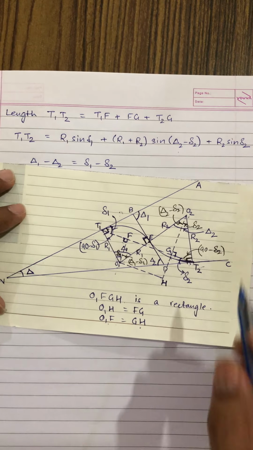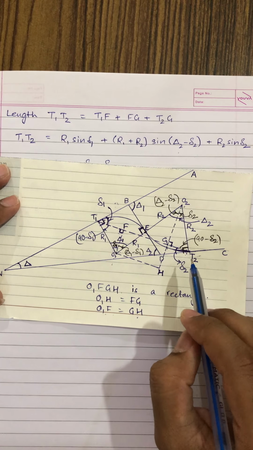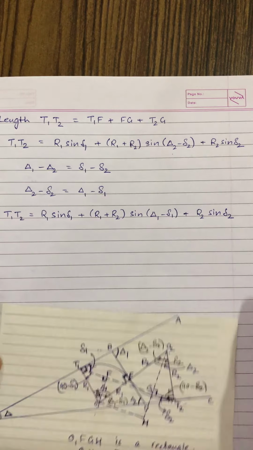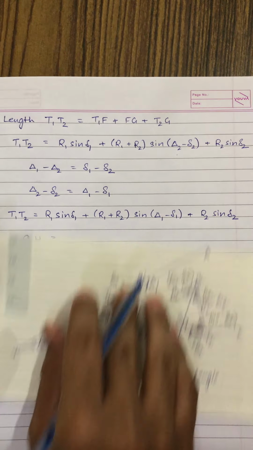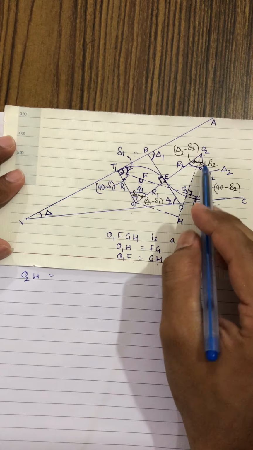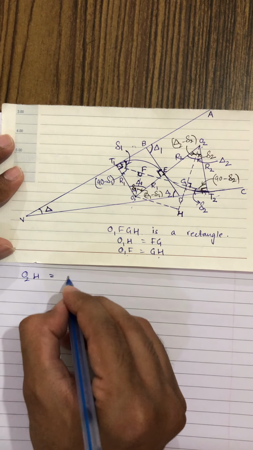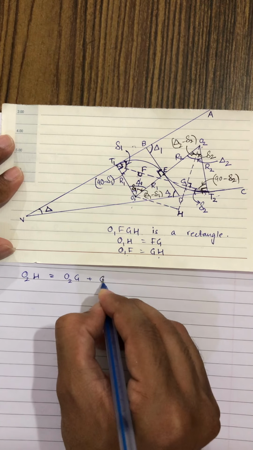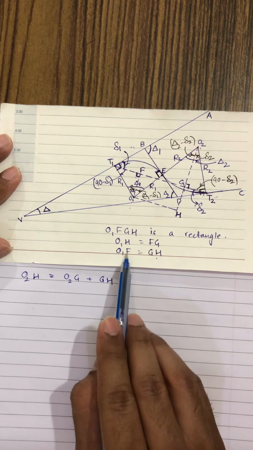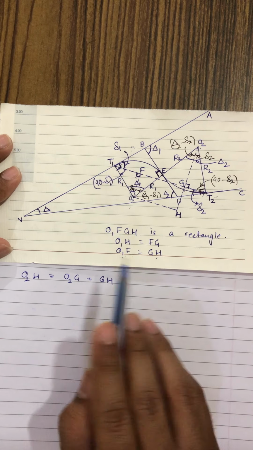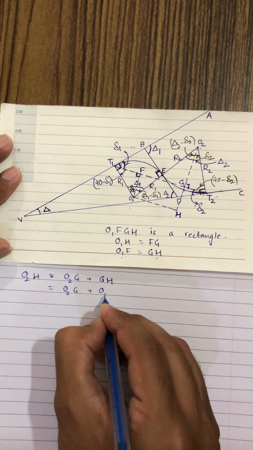Now if we consider this line O2H, it is equal to O2G plus GH. But here GH is equal to O1F, so we can write this as O2G plus O1F.